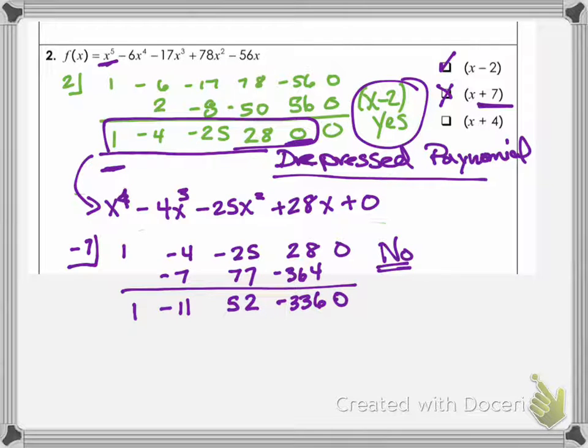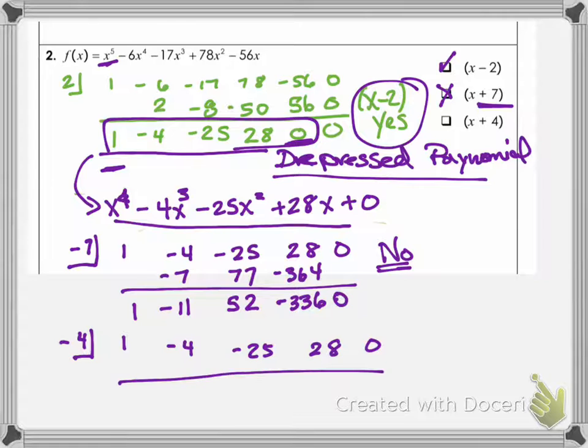Okay, so that one didn't work, but I can still use the smaller one to try to do it. So again, I'm going to go 1, -4, -25, 28, 0, and I'm going to use this time -4.